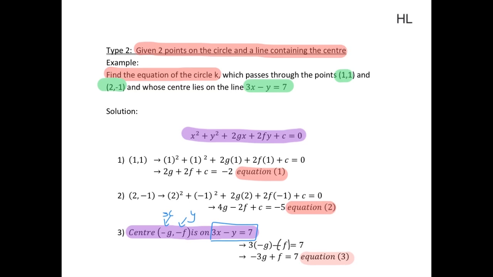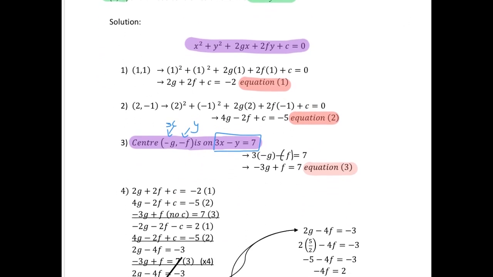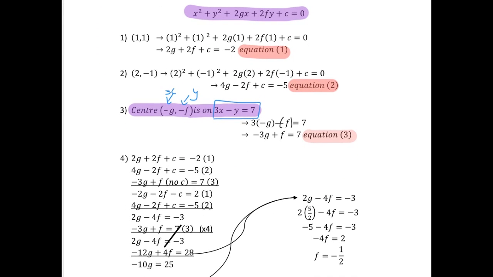So now that we have our 3 equations, equation 1, equation 2, and equation 3, just like in our last example, we're going to solve these equations simultaneously. But what needs to be noticed here is that our third equation, -3g + f = 7, contains no c.